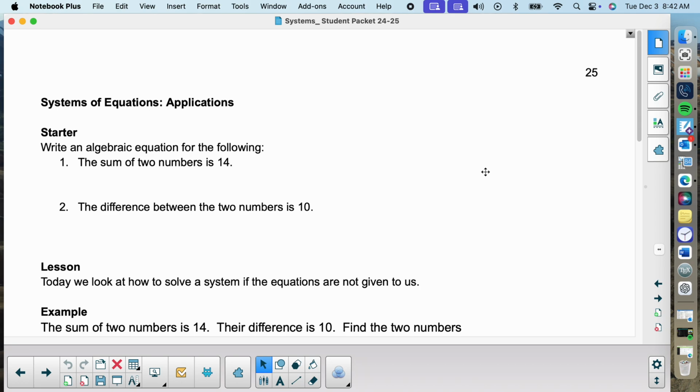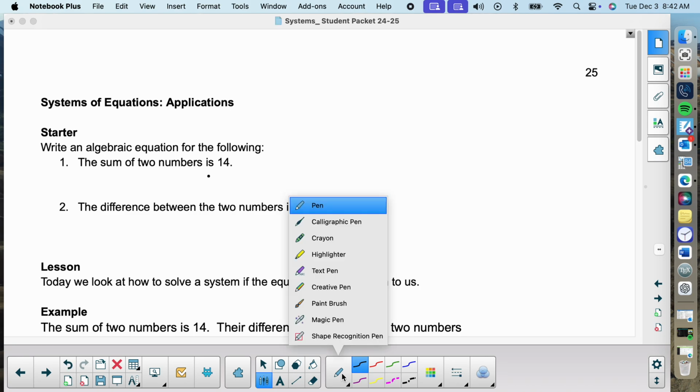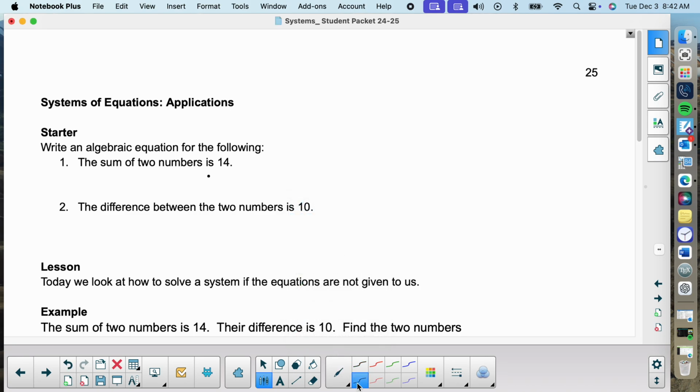The word "is" usually translates to equals. Do you guys remember what sum meant? Adding. So sum is plus. You knew it, but you didn't want to say it. You got to say it out loud if you know it. It's okay if it's wrong. Sum means plus.